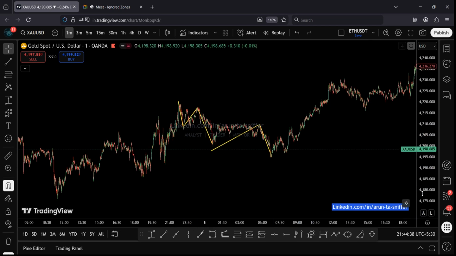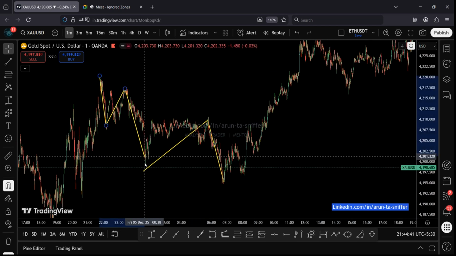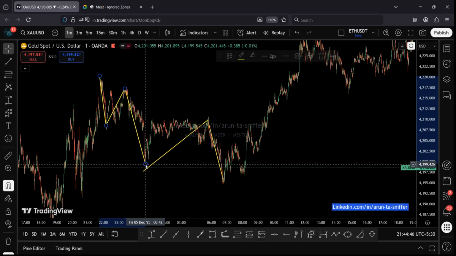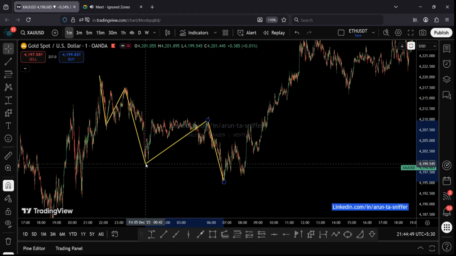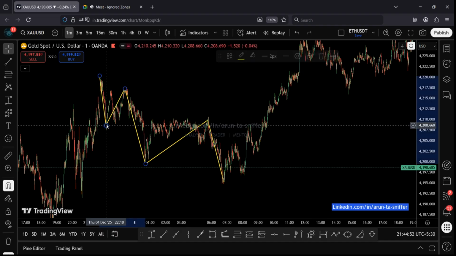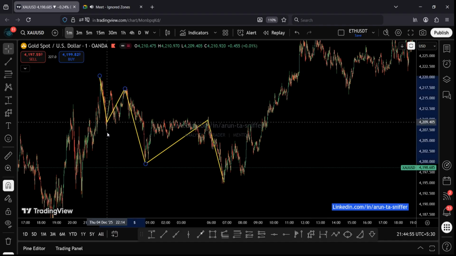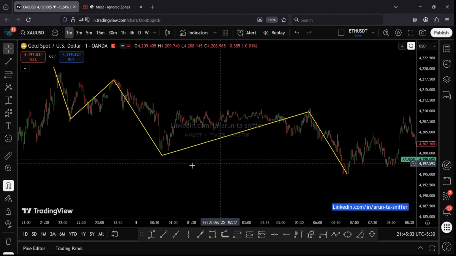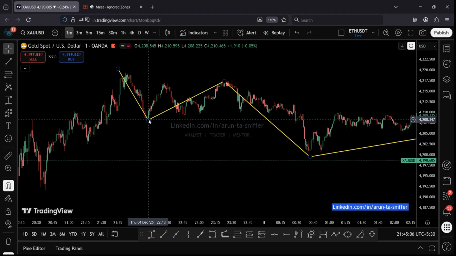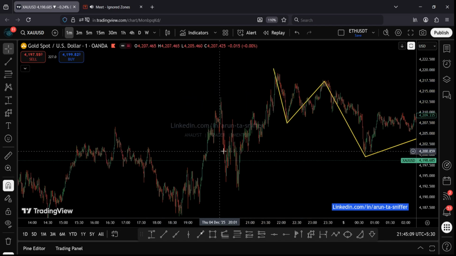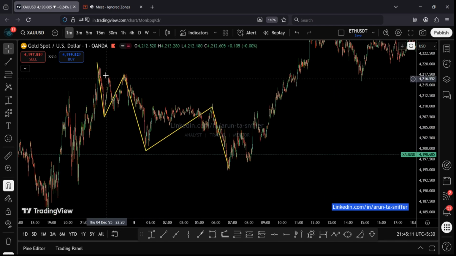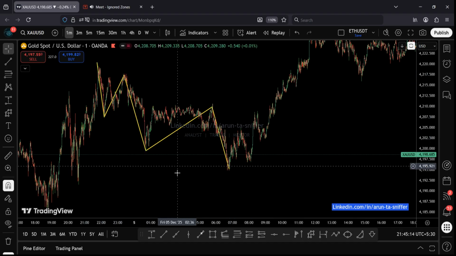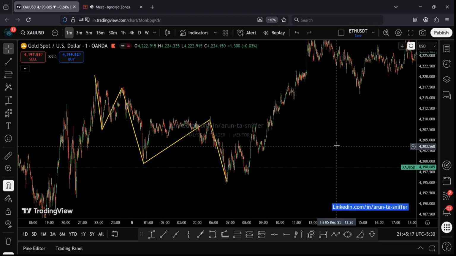Come back to this low. Okay, this one, to this low. This is first drive, second drive, third drive. Okay, and price goes up.